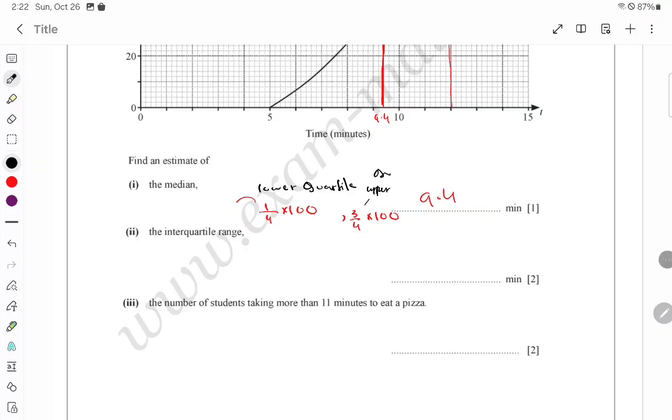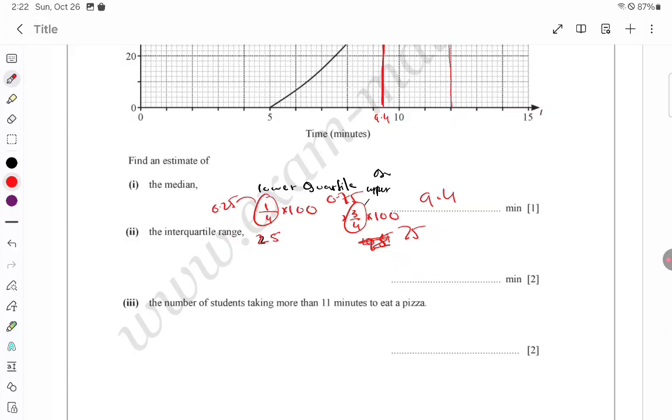Now this lower quartile will become 25, and the upper quartile will become 75. 1/4 is 0.25, and 3/4 is 0.75. Multiply by 100, and it will give you the value of 25 and 75.